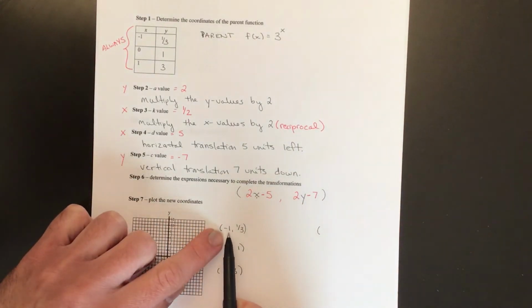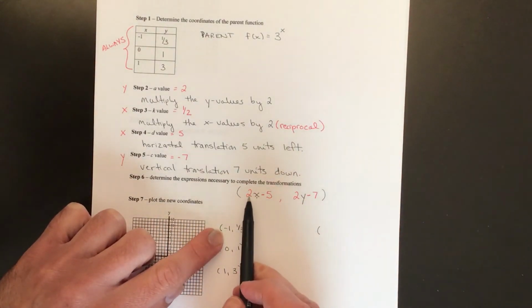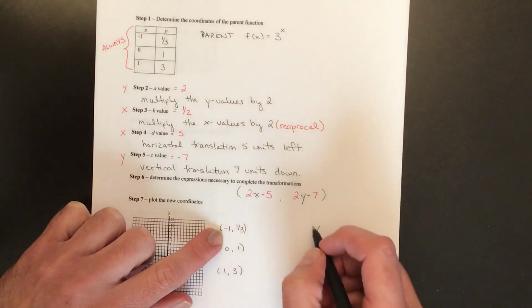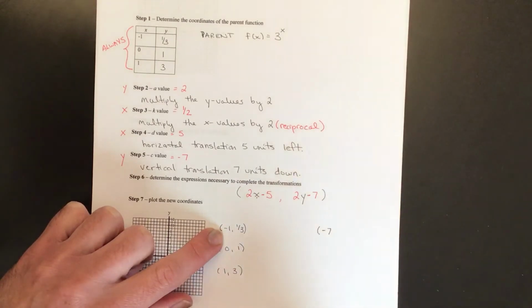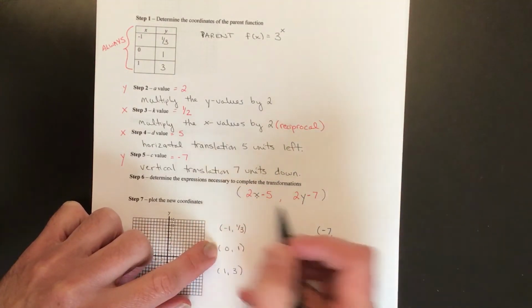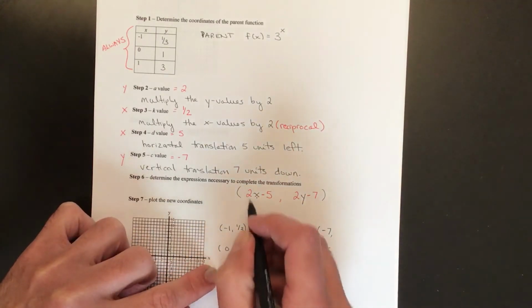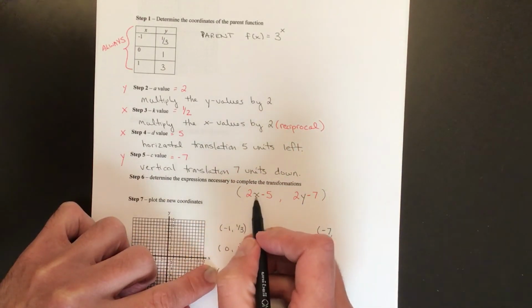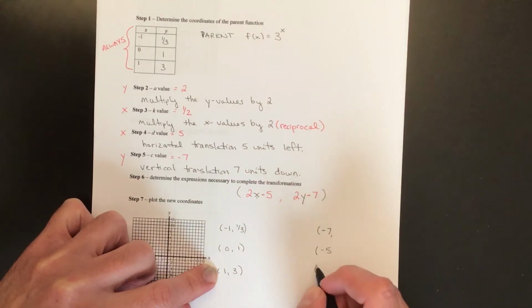If I take negative 1 and sub it in for x, I get 2 times negative 1, which is negative 2. Negative 2 minus 5, negative 7. Sub 0 in. 0 minus 5 is negative 5. Sub in 1. 2 times 1 is 2. Minus 5 gives me negative 3.